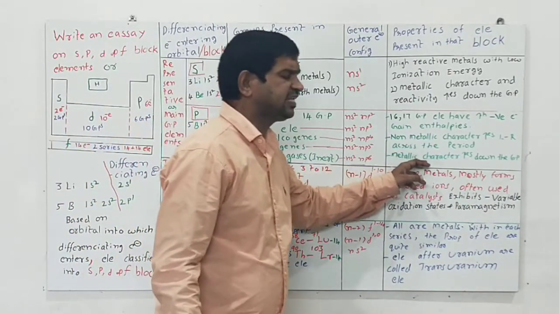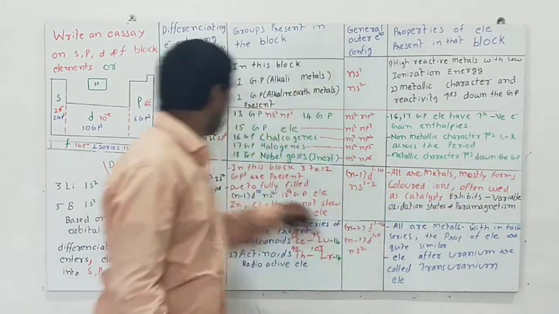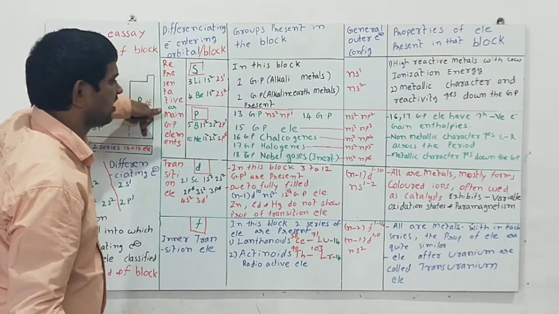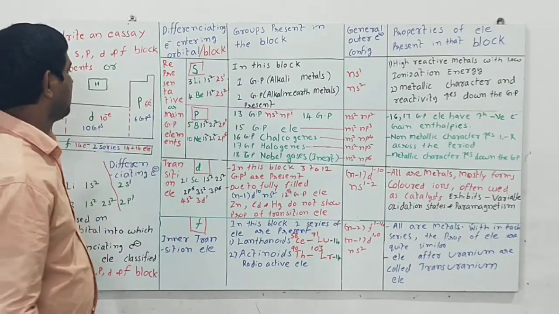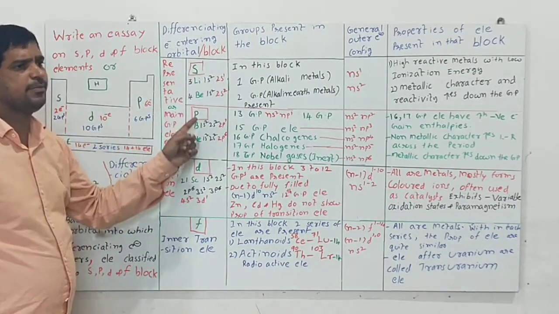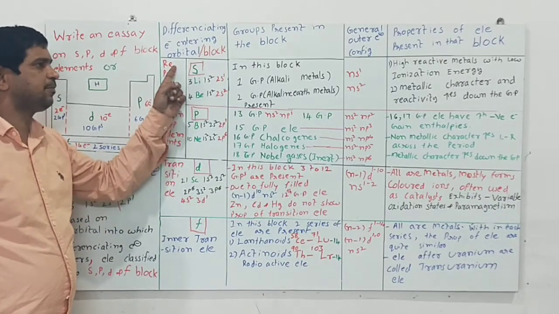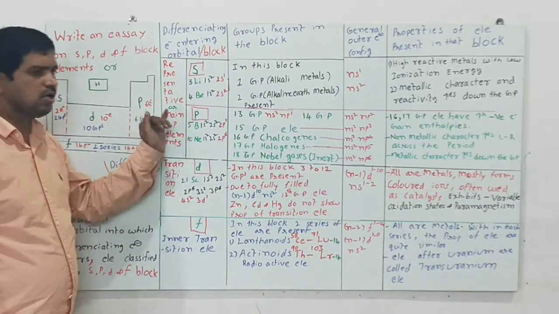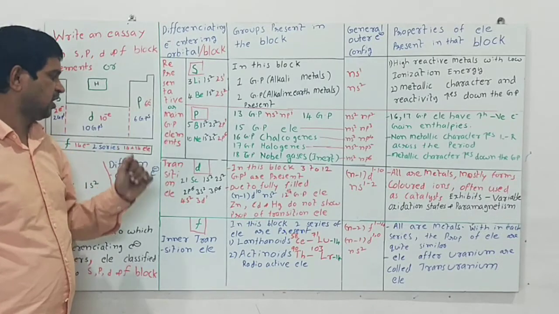Next, metallic character increases down the group in p block elements. Next, S and p block elements are commonly known as representative elements or main group elements.